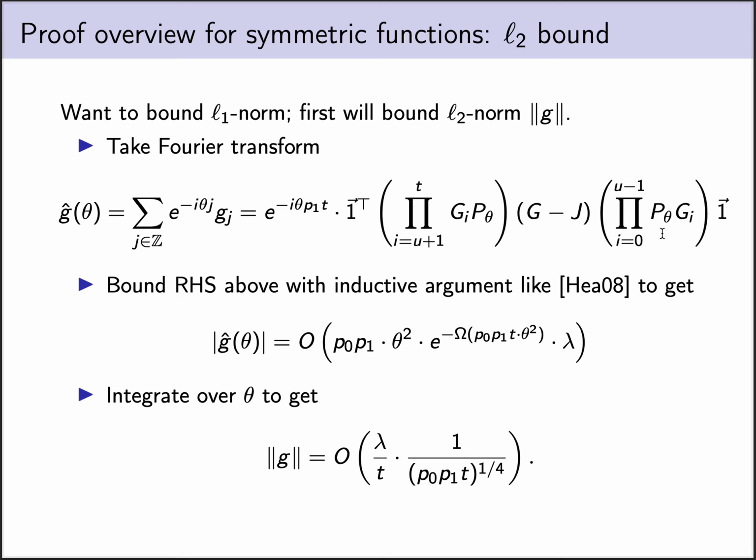Now we'll bound this right-hand side above using an inductive argument like Healy used to prove the expander Chernoff bound. Now, whereas Healy used moment-generating functions, here we have a Fourier transform, so it's definitely a different argument. But ultimately, we bound the norm of each of these factors with induction. And we end up getting this bound on the Fourier transform, which we can then integrate to get a bound on the L2 norm.